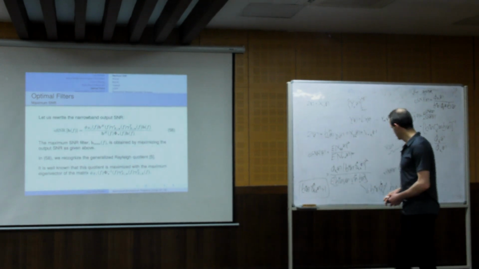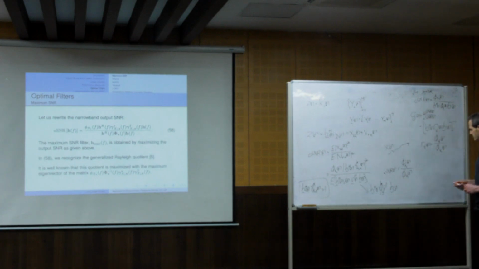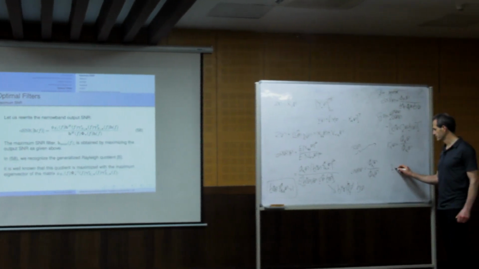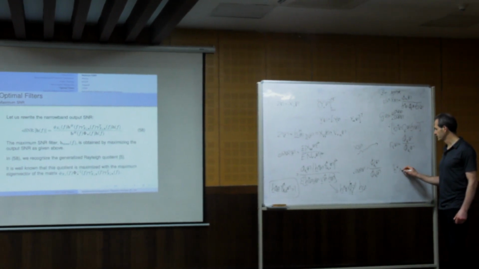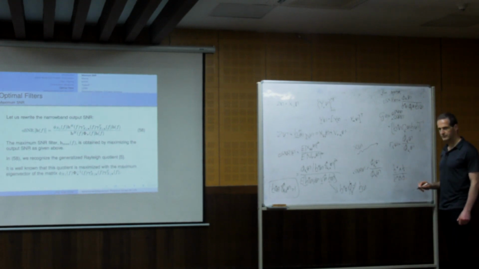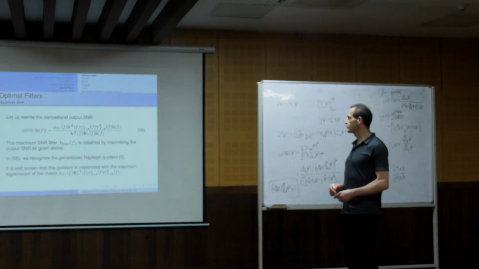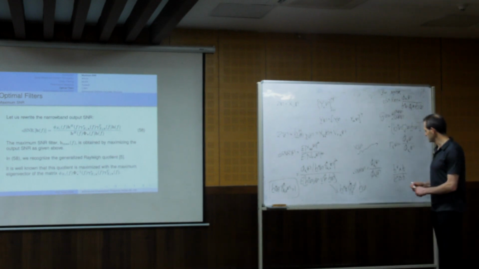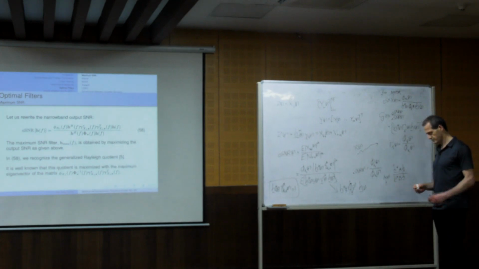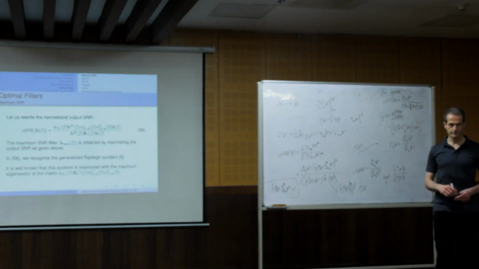So whenever we have a ratio of H^H times a matrix, let's call this matrix A, divided by H^H times a matrix B, if we want to find the maximum of this ratio over H, we know the solution.